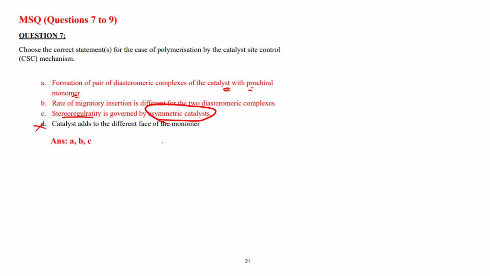Let me first show some asymmetric hydrogenation, so that this particular concept would be cleared.